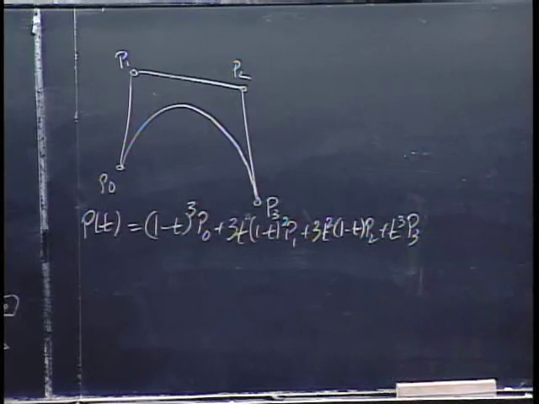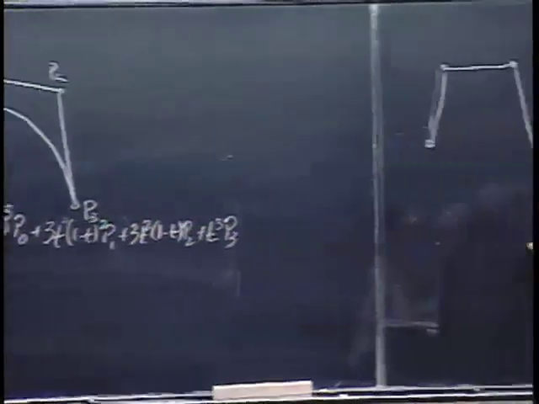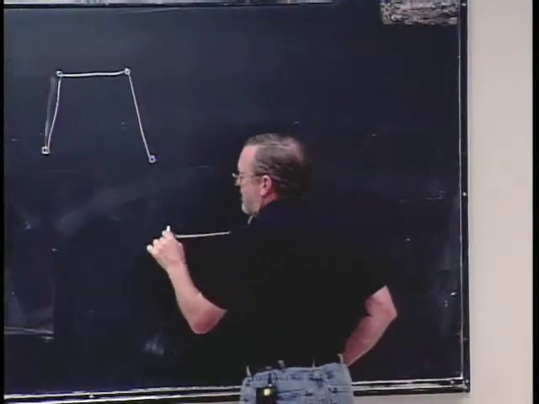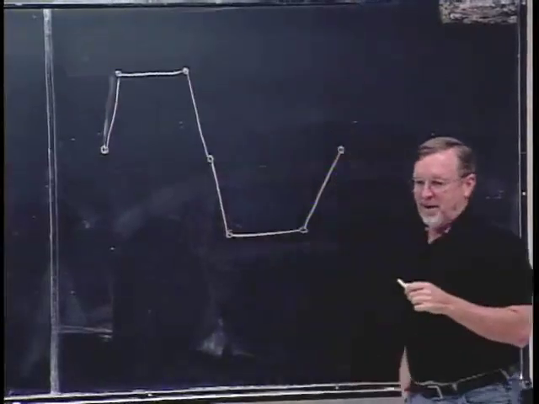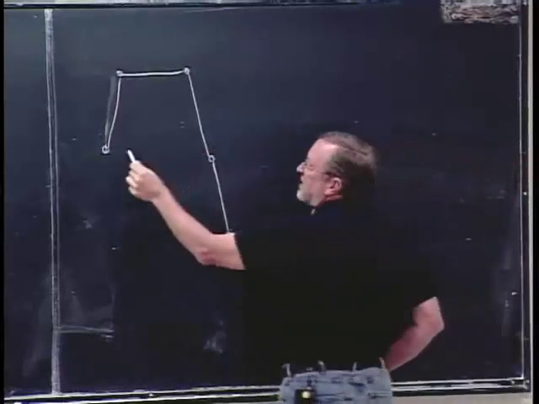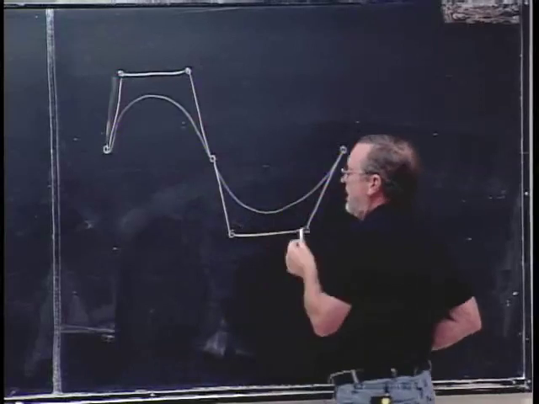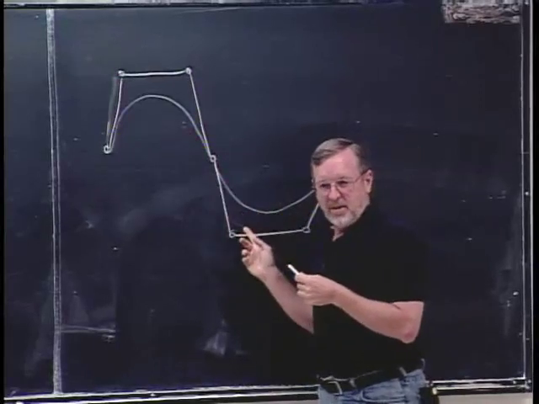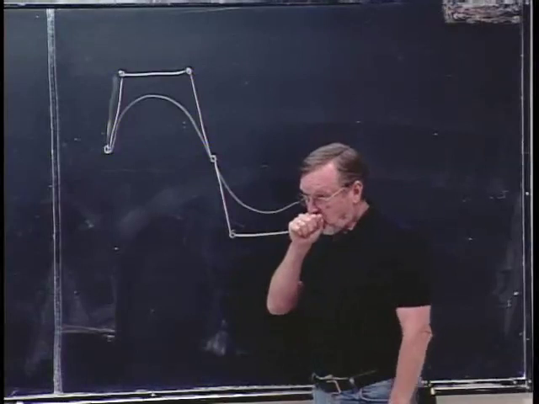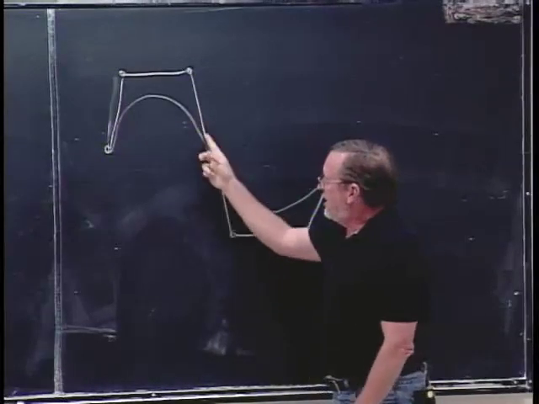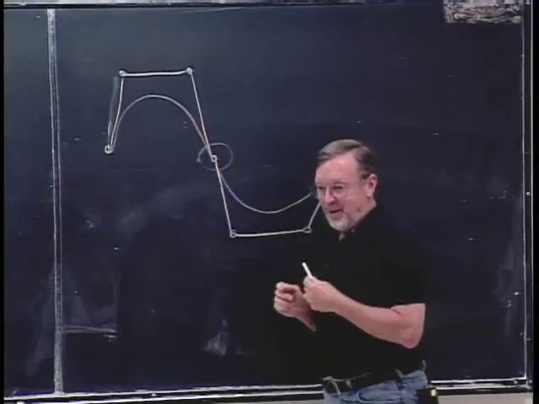So suppose we have one here, and we have another one here. Well, in order to stitch these guys together, here's one, here's two. In order to stitch two of these curves together, you've got a problem in that you want it to be smooth here.